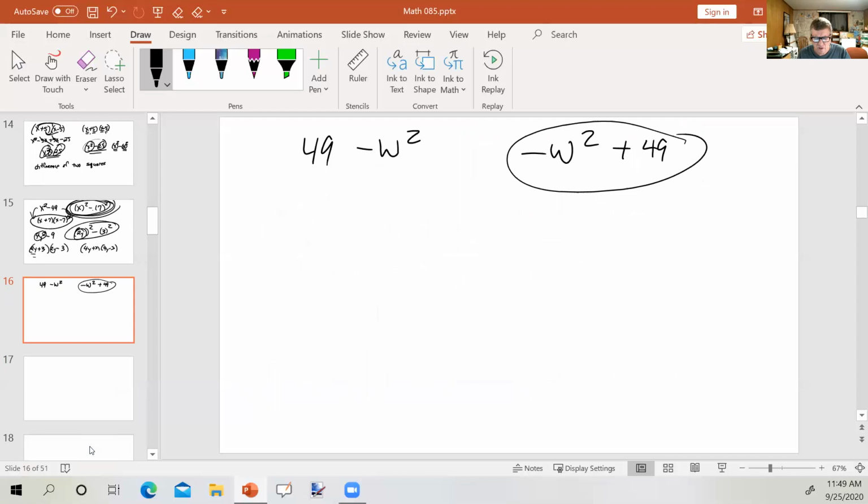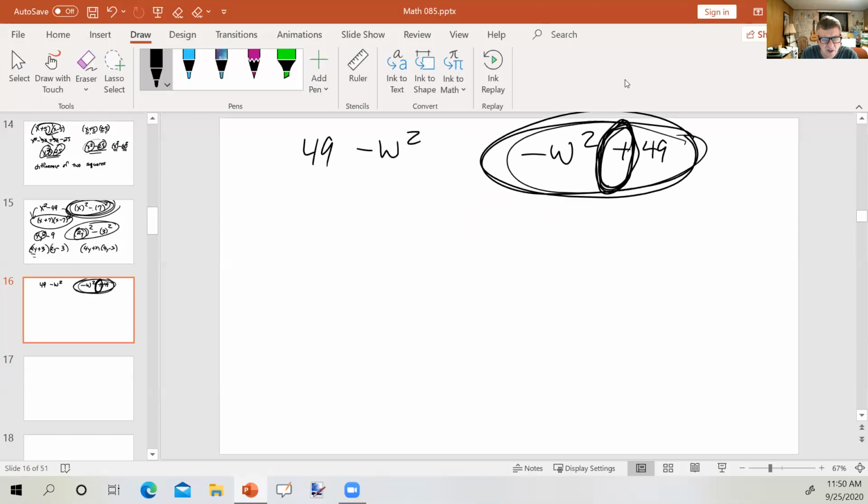I don't know because of the negative in front of the W, but yeah, the 49 is a square and it has a plus, so that makes sense, but I'm still kind of iffy about the negative in front of the W squared. Yeah, written in this form, just as it is, it's not the difference of two squares. But coming back here, this is.